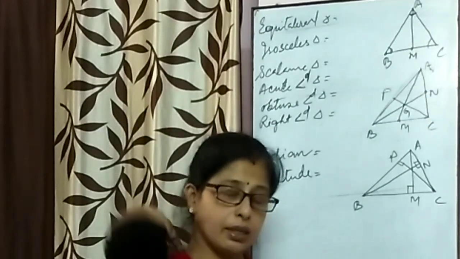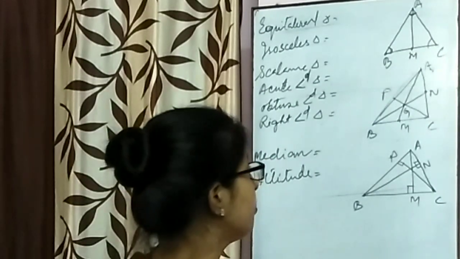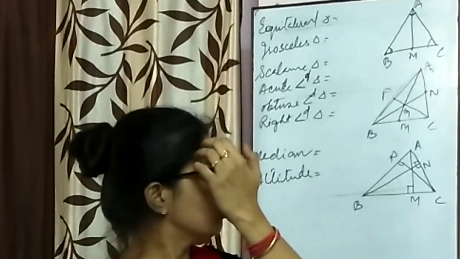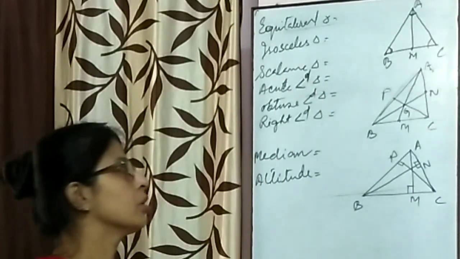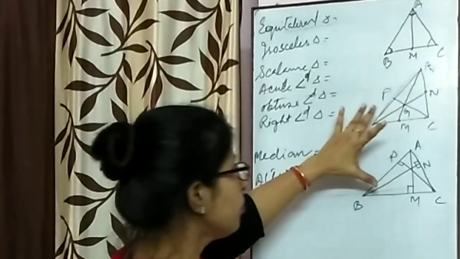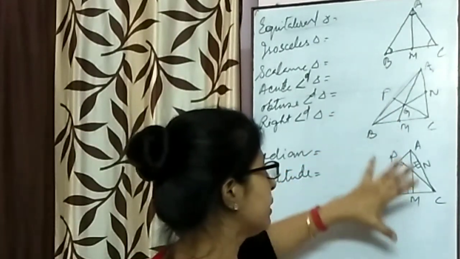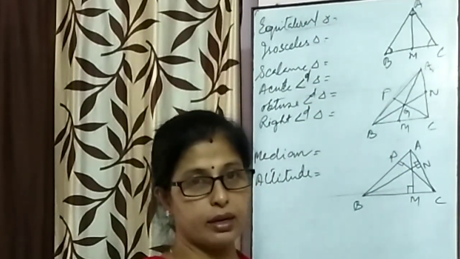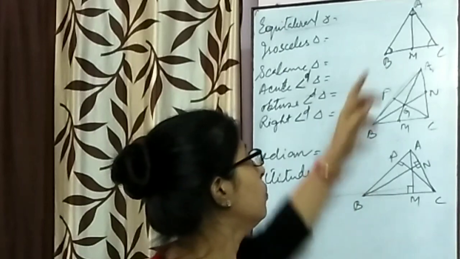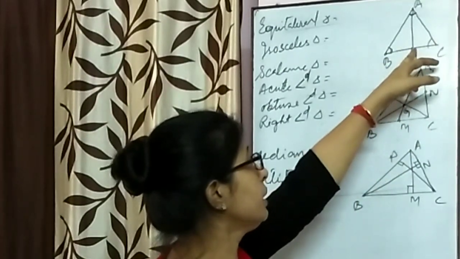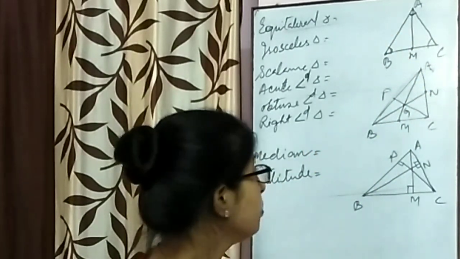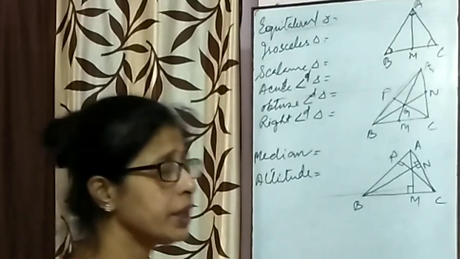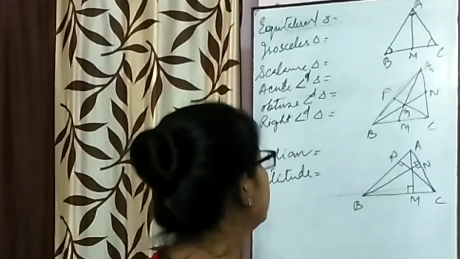So it's a very important matter that many of you have confusion about, why medians and altitudes are not the same. But sometimes median and altitude become the same only in the case of an equilateral triangle, because while drawing the perpendicular it will cut at the midpoint only. So medians and altitudes are the same in the case of an equilateral triangle.